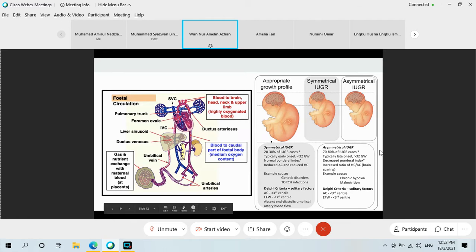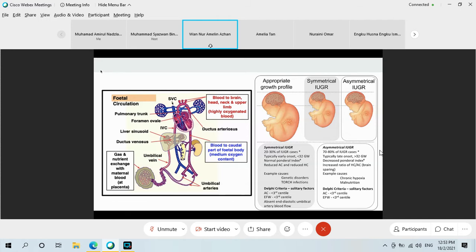Here, you can see there is a pair of umbilical arteries. The deoxygenated fetal blood will reach the placenta through the umbilical arteries. In the placenta, there will be gas and nutrient exchange with maternal blood.